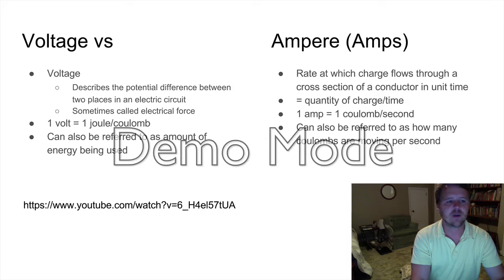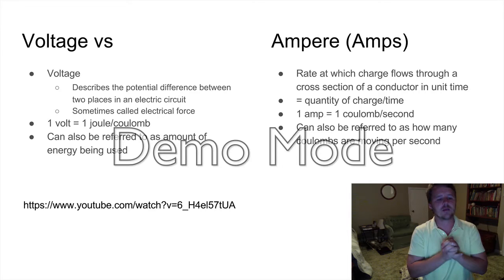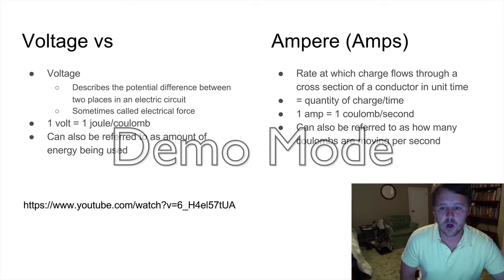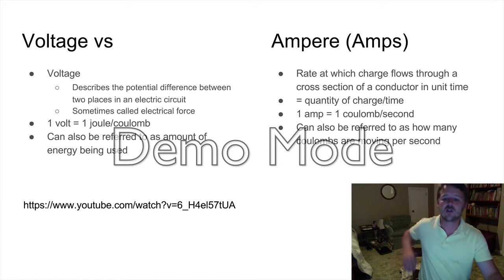Okay, so we have voltage that I've been over and amperes. Amps. So voltage, like I said, can be referred to as an amount of energy being used. An amp can also be referred to as how many coulombs are moving per second.